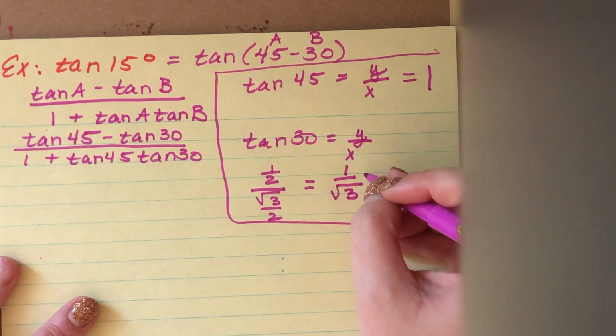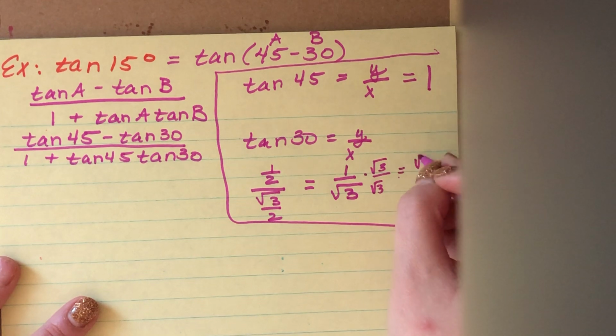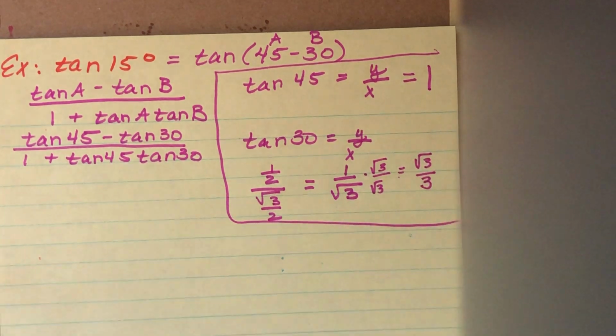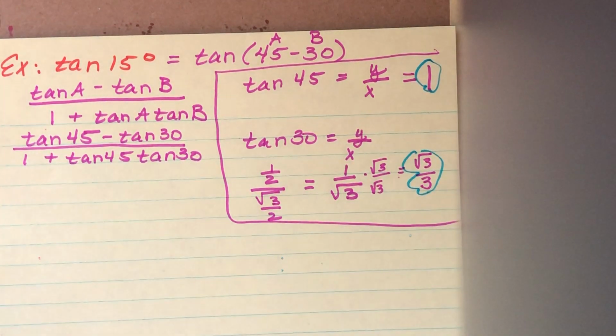And if I rationalize that, I multiply by square root of 3, top and bottom, and you get square root of 3 over 3. Okay, now we're going to take those two values and plug them into this big old formula.